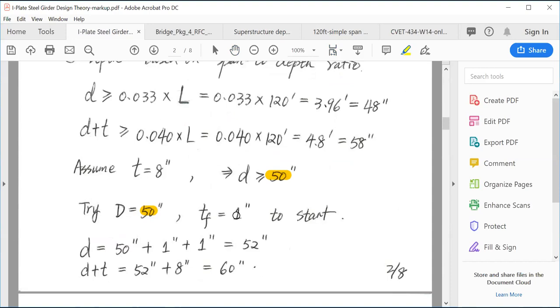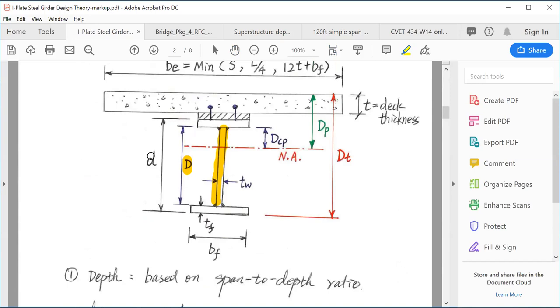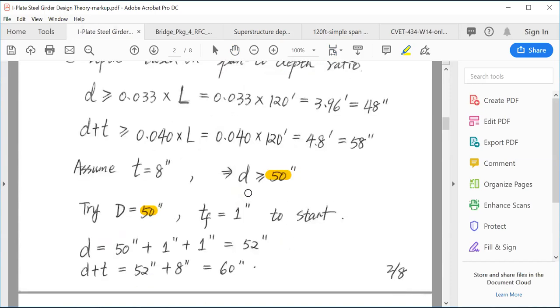So I have D, the steel section depth, including both flanges and the web, needing to be greater than 50 inches.